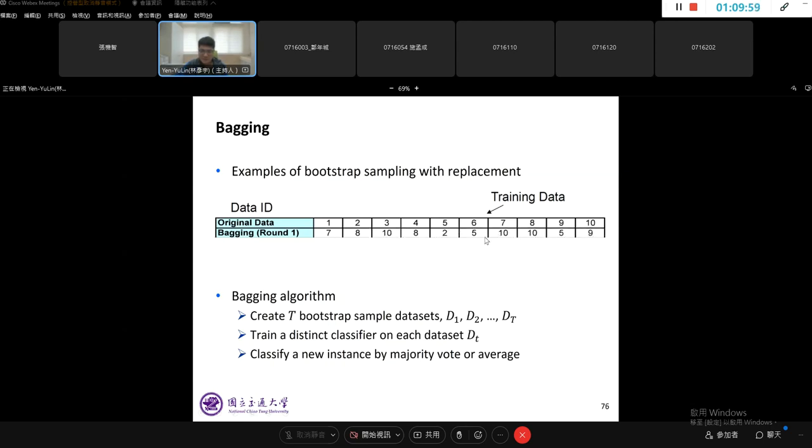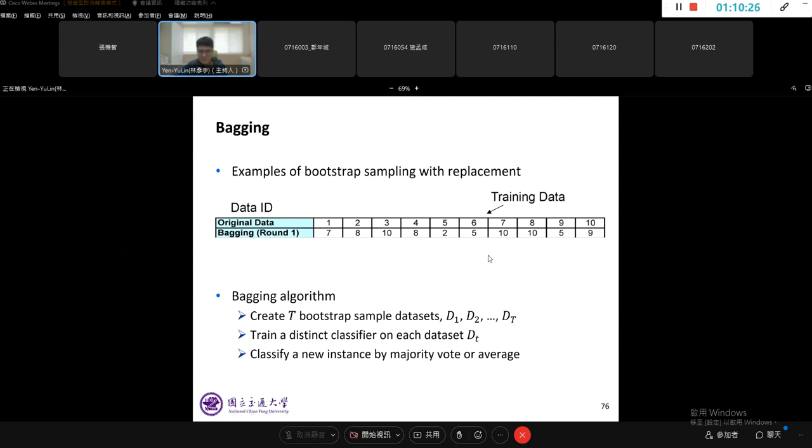So the first row is D, the original training data set. And the second row is D1. D1 also has 10 training data. However, as you can see here, there is redundancy. For example, we have 2 copies of training data number 8.